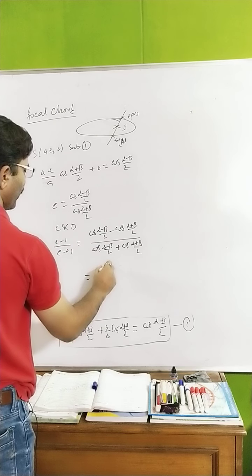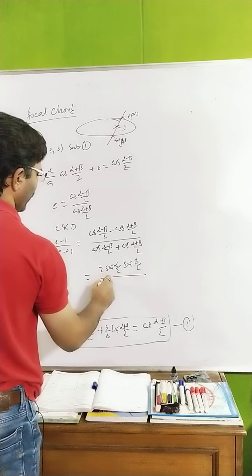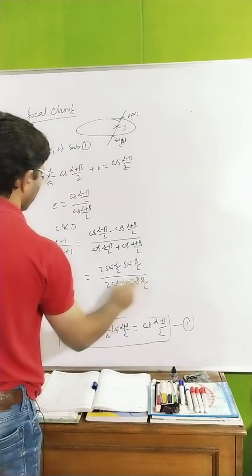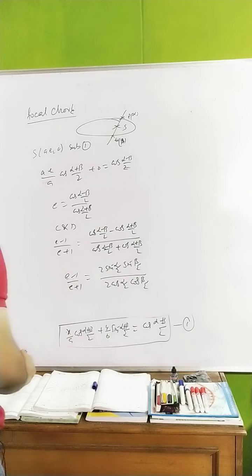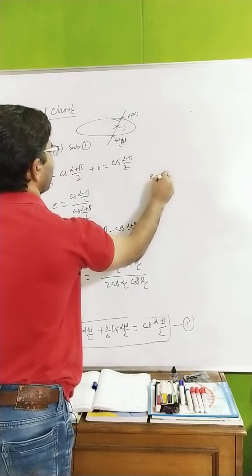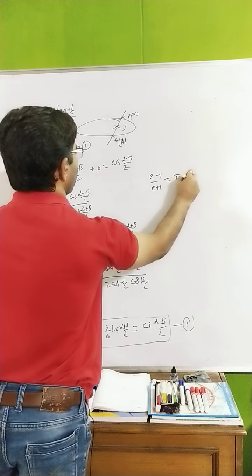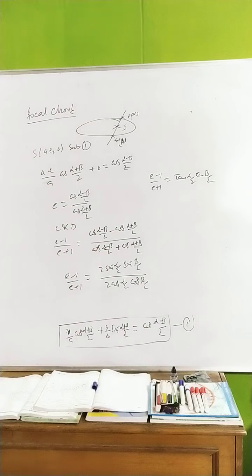In the numerator we get 2 sin(alpha/2) sin(beta/2), in the denominator 2 cos(alpha/2) cos(beta/2). So (e minus 1)/(e plus 1) is simply tan(alpha/2) tan(beta/2).